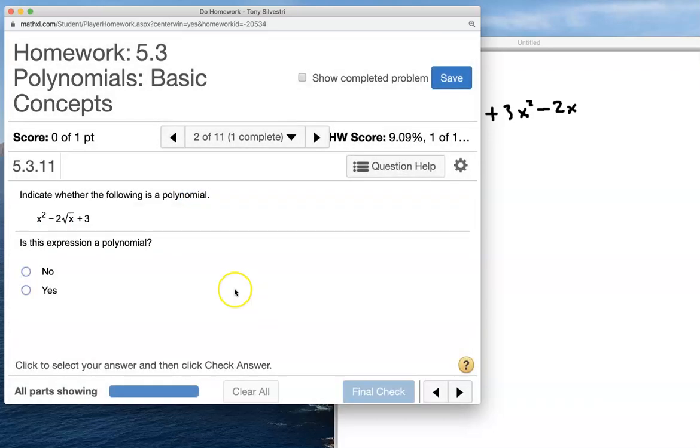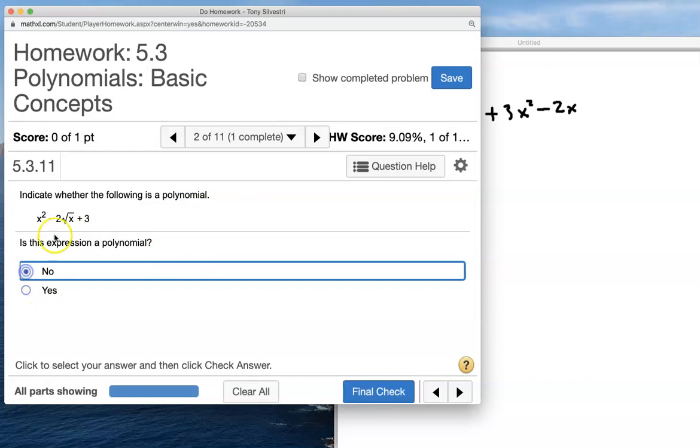All right, and so now the next one. Now this is not a polynomial. You can't have weird operations inside the polynomial. This is a square root, and I don't believe we talked even about square roots, and that's one of the more bizarre operators that you're going to see in algebra. But you can't have that.